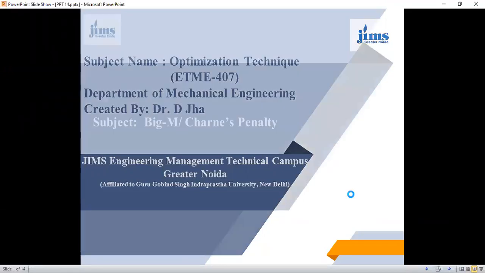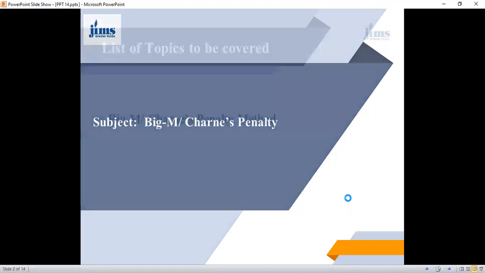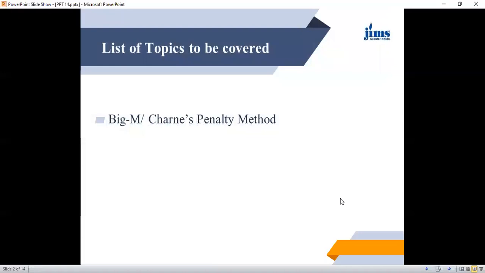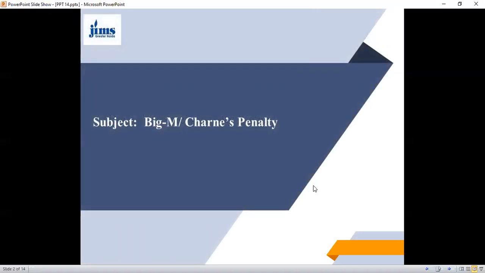But when the constraints in equations are of greater than or equal to type or simply equal to type, we cannot convert the problem of minimization into a maximization problem, and then we have to use some new methods, some new techniques to solve such problems.